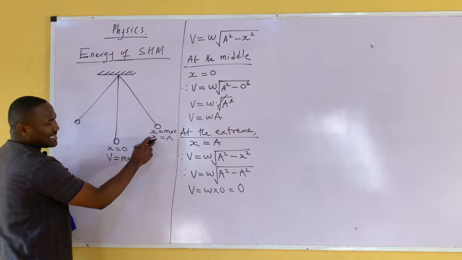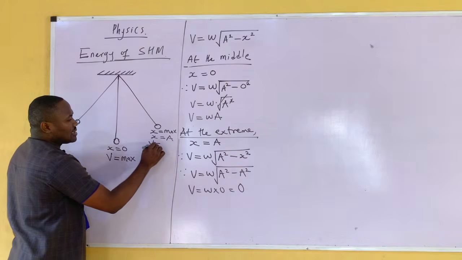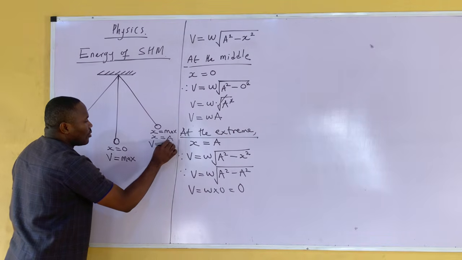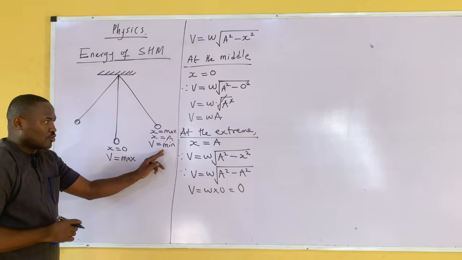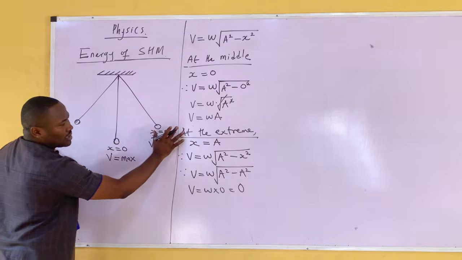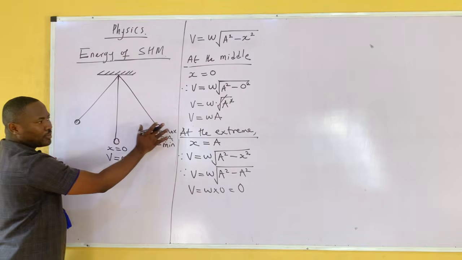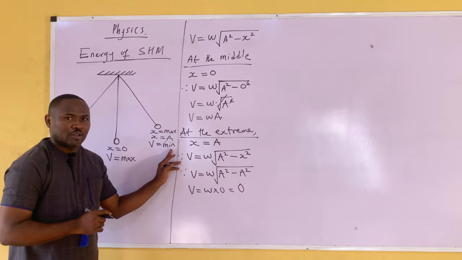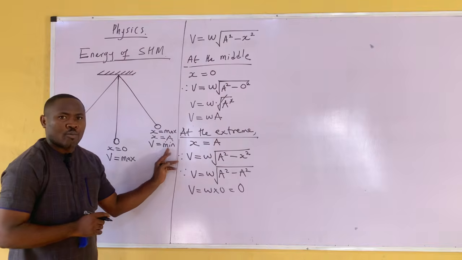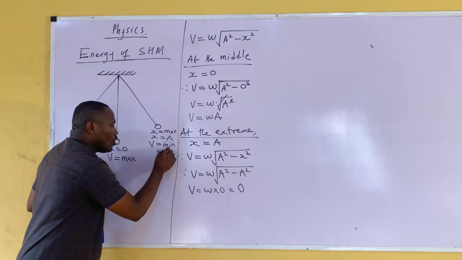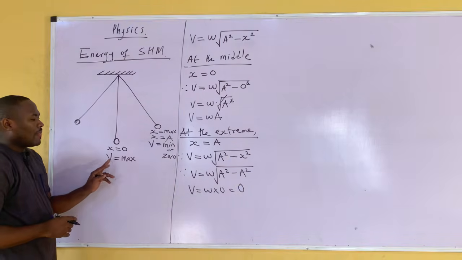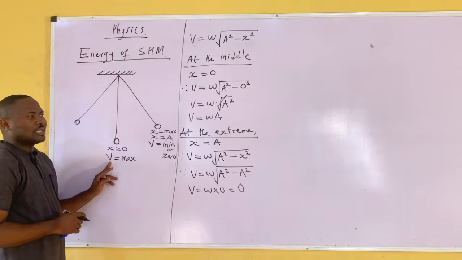So it means at the extreme, velocity is 0, or we use the word minimum at the extreme. Remember, whatsoever happens here, happens here. Take note of that. At the extreme, velocity is 0 or minimum. At the center or at the middle, velocity is maximum.